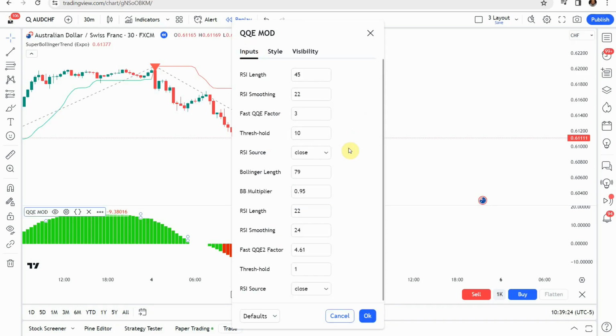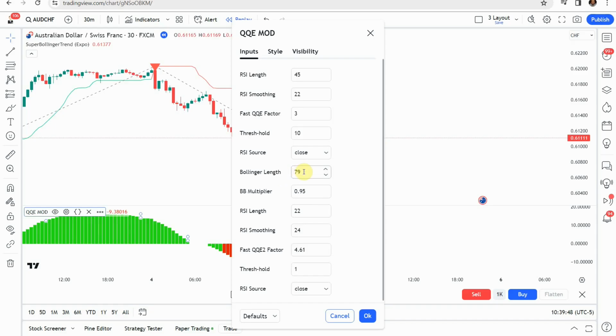On the inputs here, we'll go through this rather quickly, so if you get lost, just go ahead and pause the video and match these settings right here, because we're going to change almost all of them. So first of all, you're going to change the RSI length to 45. The RSI smoothing, you're going to change that to 22. The threshold, you're going to change that to 10.